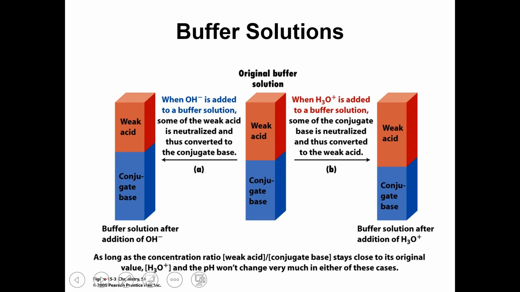So if we add OH minus to a buffer solution, some of that weak acid gets converted back to the conjugate base. If we add H3O plus, some of the conjugate base is converted to weak acid. So as long as we can keep that concentration ratio of weak acid to conjugate base fairly close to the original, we can keep the pH from changing too much.